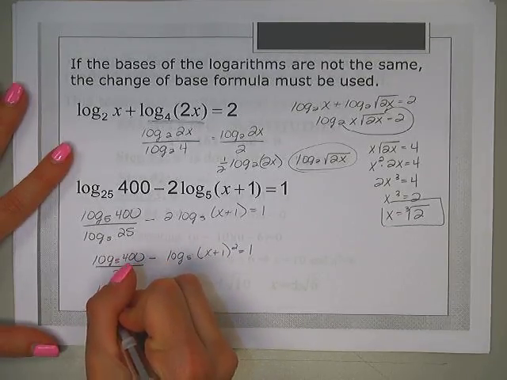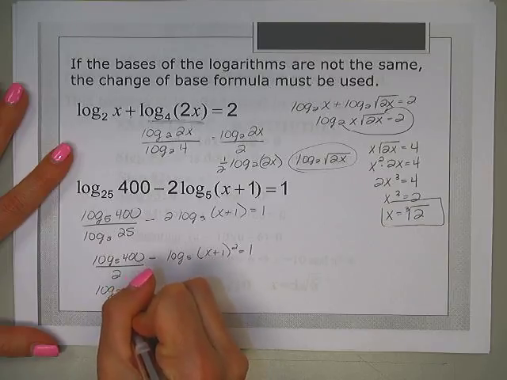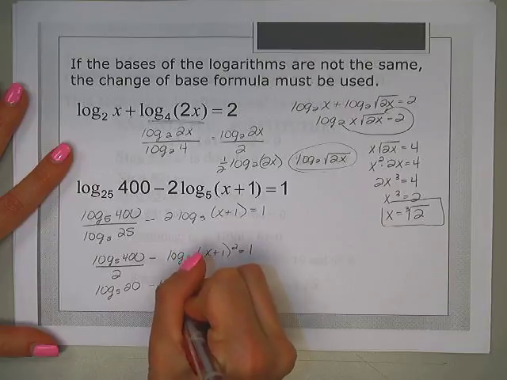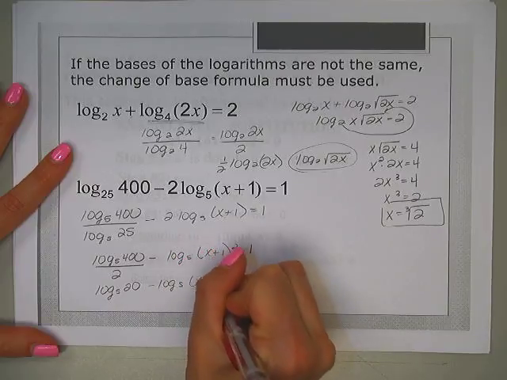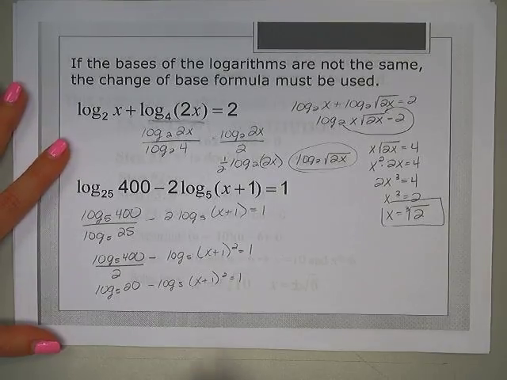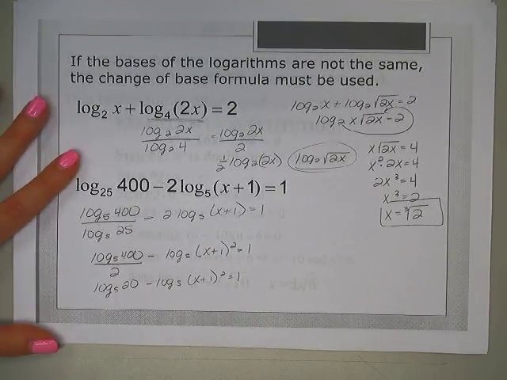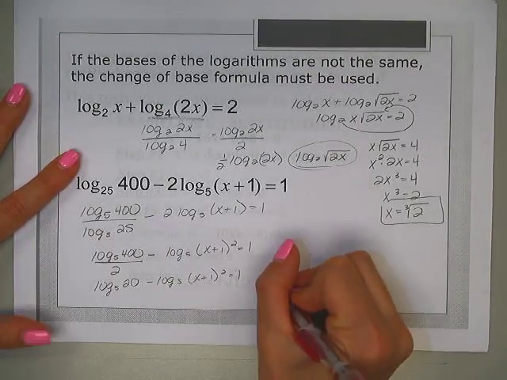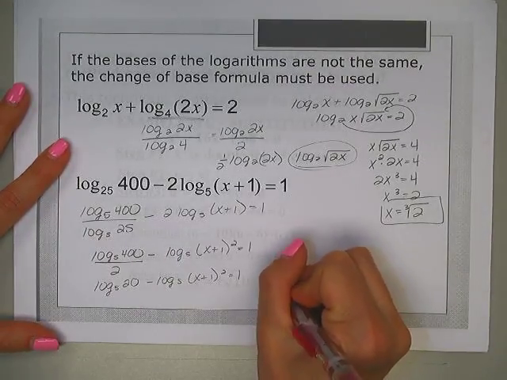All right, so let's see what happens. I've got log base 5 of 400 over 2 minus log base 5 of x plus 1 quantity squared equals 1.